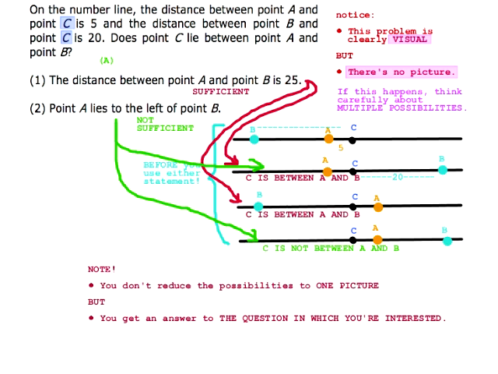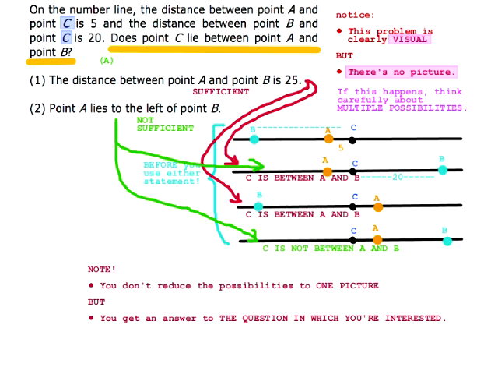The question is, does point C lie between point A and point B? If it's either definitely yes, it's between them, or definitely no, it's not between them, then that's sufficient. Not sufficient means I can make a case where it's between them, and then I can turn around and make another case where it's not between them.